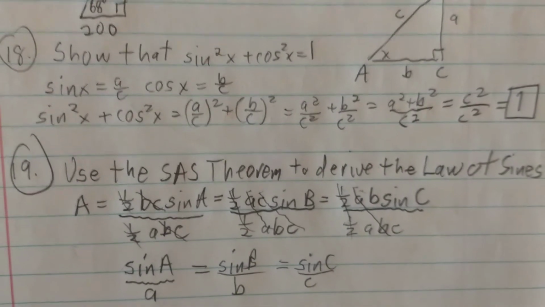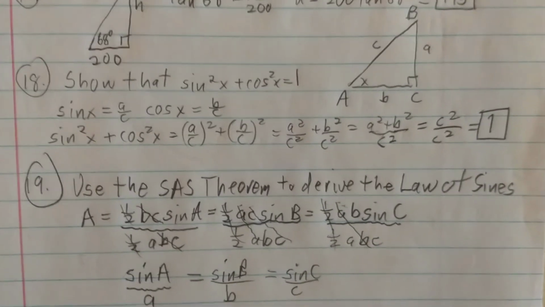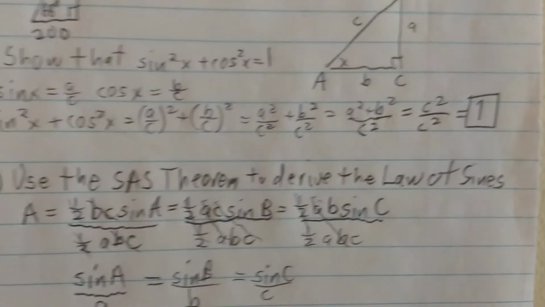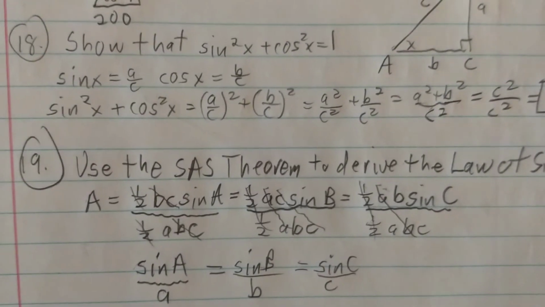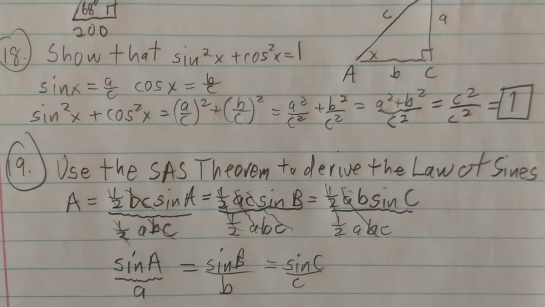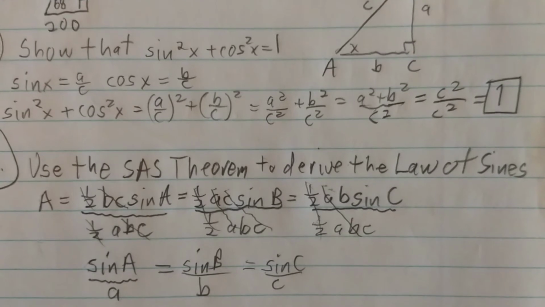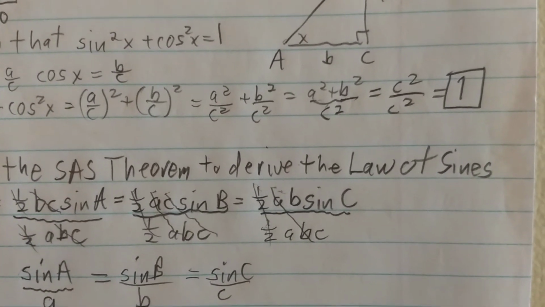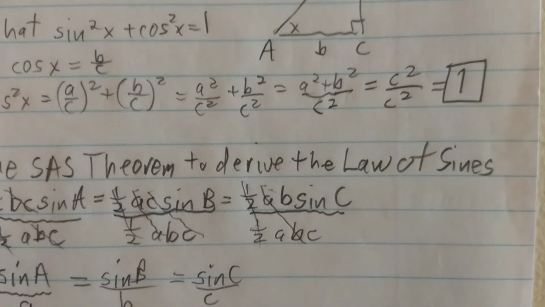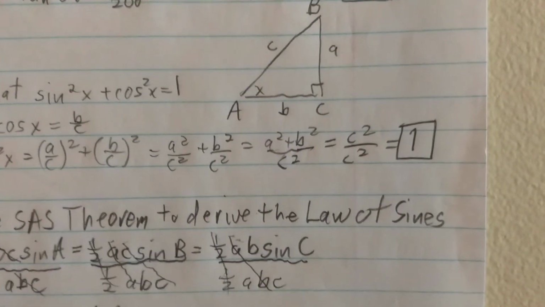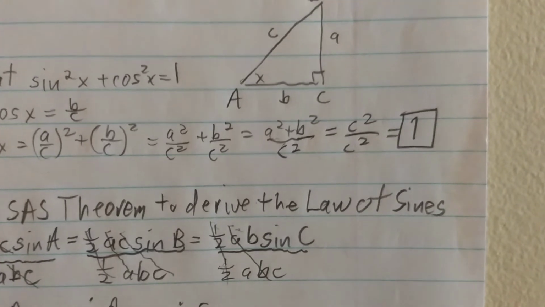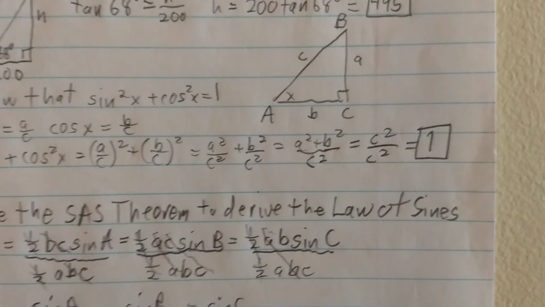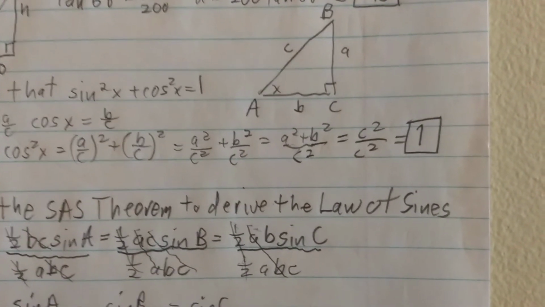So we can say that sine x is opposite over hypotenuse, A over C. Cosine x is adjacent over hypotenuse, B over C. And sine squared plus cosine squared then, using our triangle, is (A over C) squared plus (B over C) squared, which is A squared over C squared plus B squared over C squared, which is A squared plus B squared over C squared, and from our hypotenuse theorem, A squared plus B squared is C squared, so we end up, as we have to, with C squared over C squared equals 1.